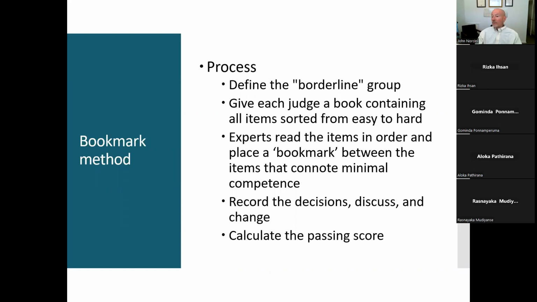You have a conversation in the group, and the group at the end of the day is free to change where the bookmark is, move it around. And at the end of the day, you average their results to end up with a cutting score. So it's just like the other methods. It just suits item response theory particularly well.